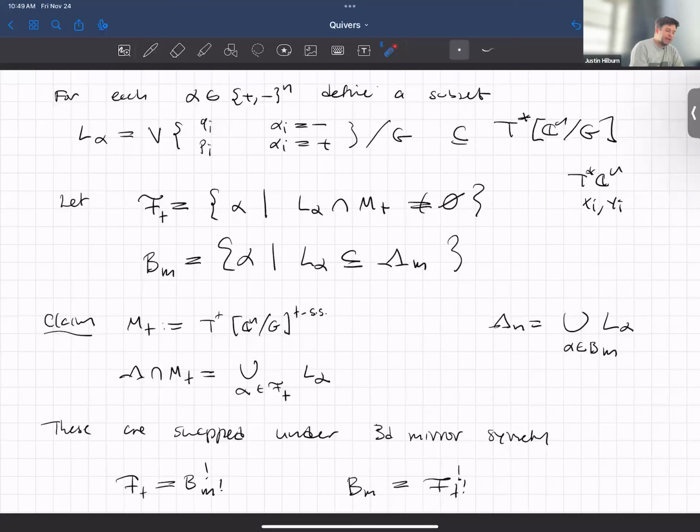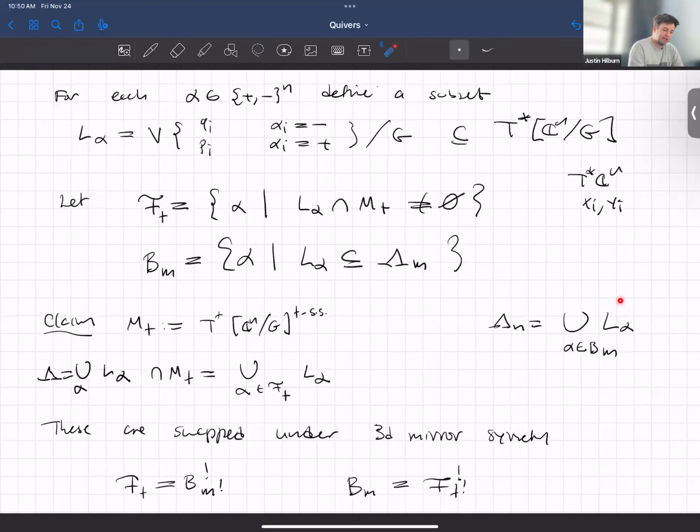And the claim that I want to make is that if you intersect the Lagrangian lambda, which is the union of all of these L alphas, with the semi-stable locus, well, by definition, that's just these feasible guys.